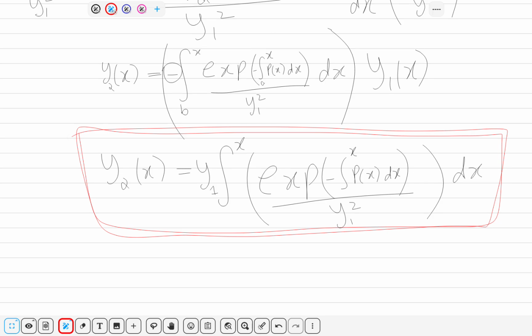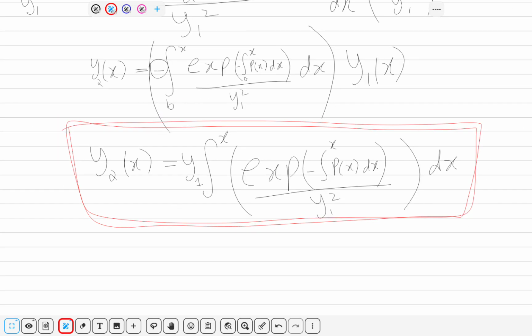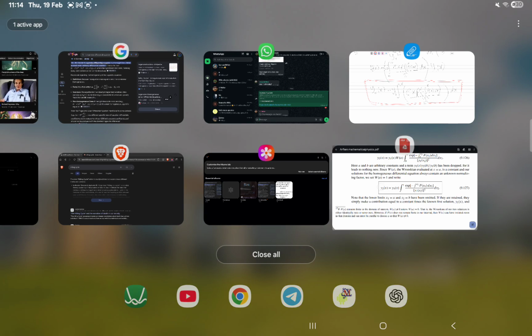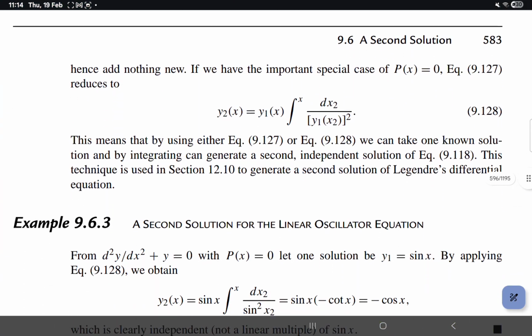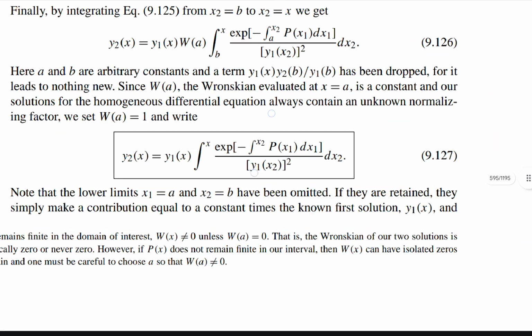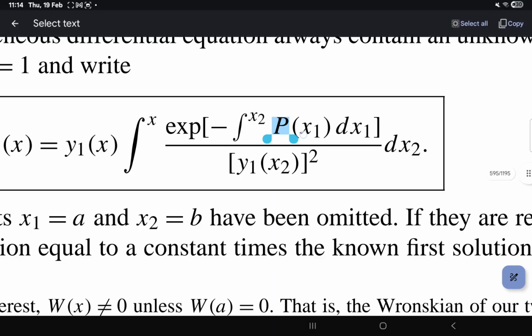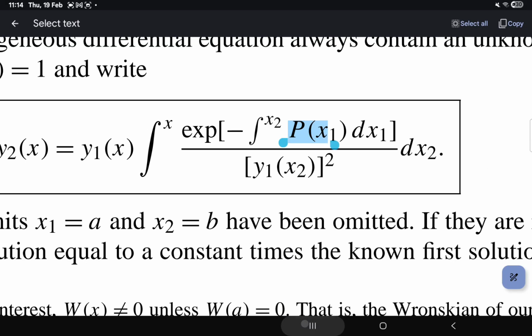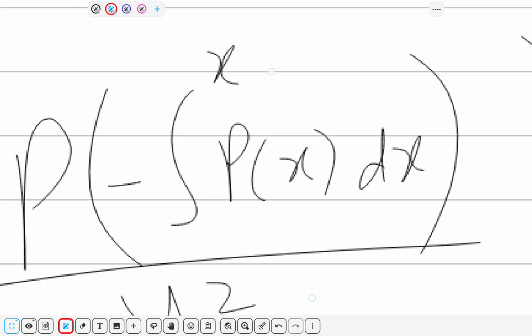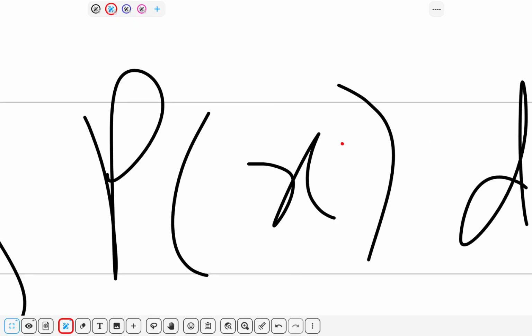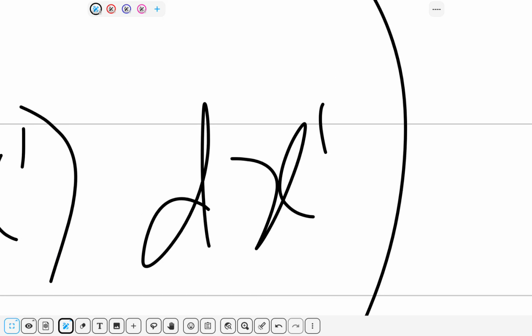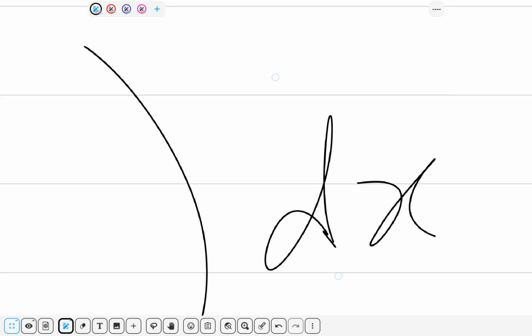If you know one linearly independent solution, you can directly generate the other linearly independent solution with this equation. And one special case: if there is no coefficient of the first derivative, you can just also let me write x prime just to mention it is a dummy variable, then x double prime.